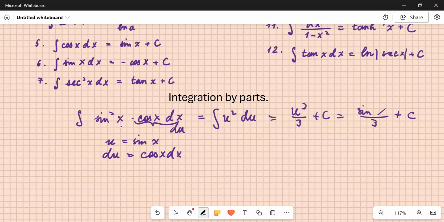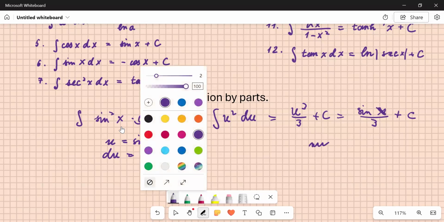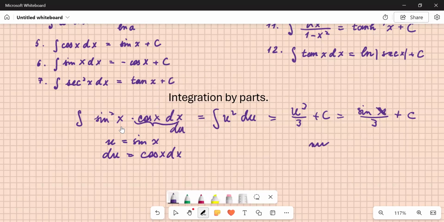Come on. Something happened to my pen. You should never use the eraser. Okay, yeah, it works, but works overwhelmingly. Okay, let me erase it back. Sine of x, cubed, actually, right? That's a composition of two functions.